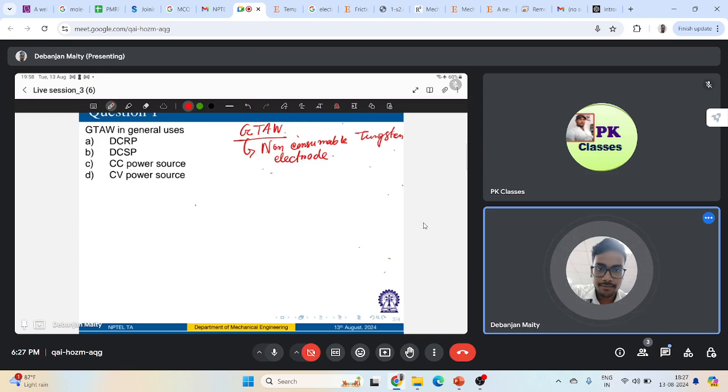So we'll be using a non-consumable tungsten electrode. Let me draw some picture. I'll be having some electrode like this.